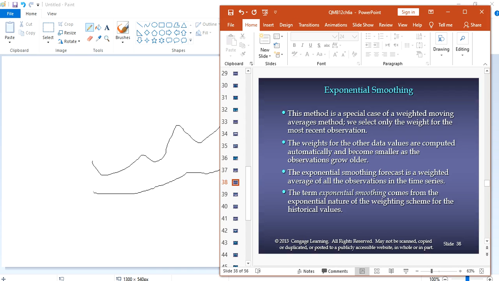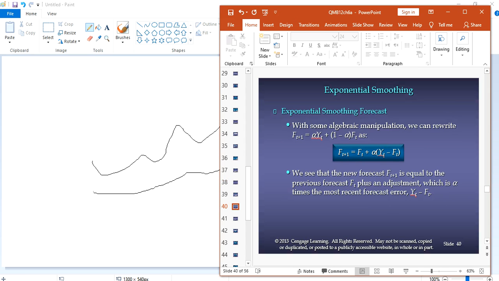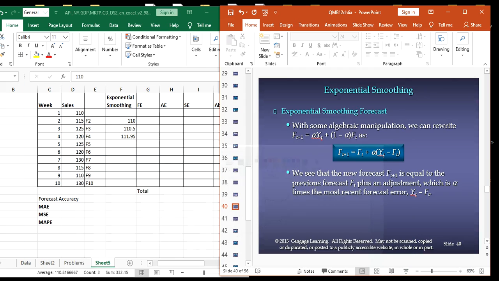So let's see how it works. We basically have this equation for forecasting: the forecast for t plus 1, one step ahead, equals alpha times Y t, plus 1 minus alpha times F t.